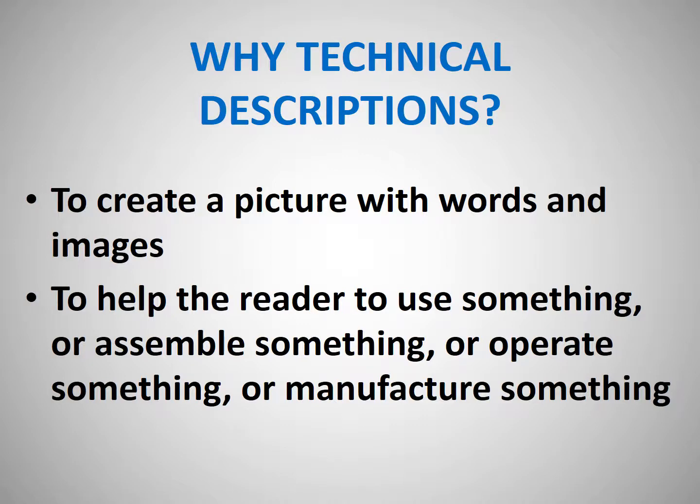And usually when you're doing that, it's because you want to help your reader to be able to use the thing you're describing, to assemble it, to operate it, to manufacture it. So you are trying to give such a good picture of something that someone else reading that description can actually do something, put it together, operate it, make it.